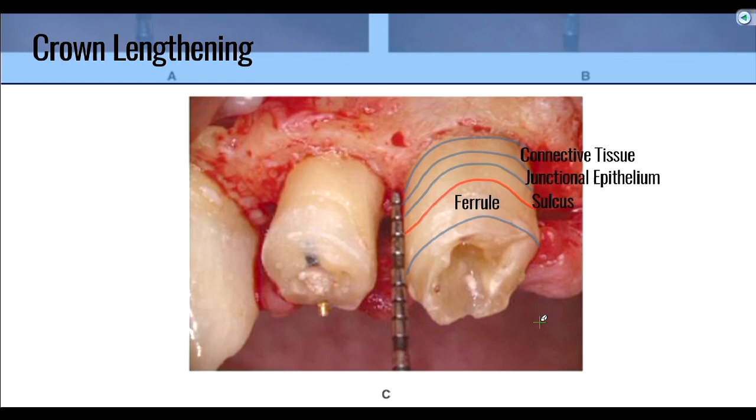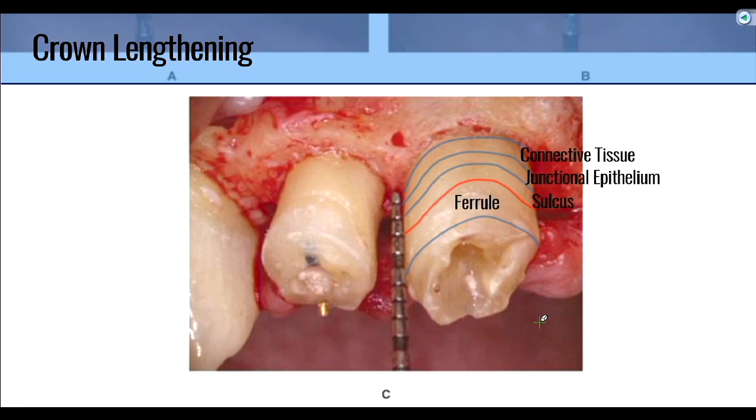You would say 5 millimeters, right? 1 for connective tissue, 1 for junctional epithelium, 1 for the sulcus, and then 2 millimeters for ferrule. So unless the periodontist knows where your definitive crown margin is going to be, they're not sure how much crown lengthening you're going to want, okay?